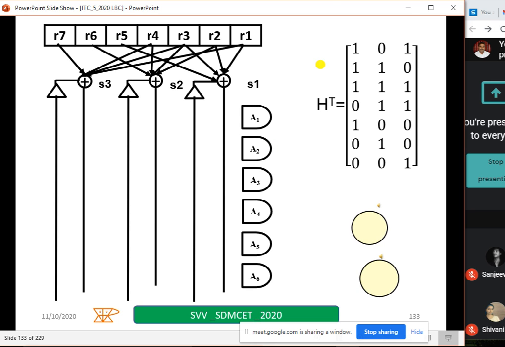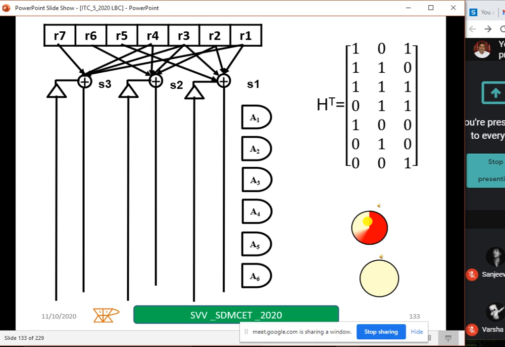Write down 6 AND gates, the way I have shown. A1, A2, A3, A4, A5, A6, A7.